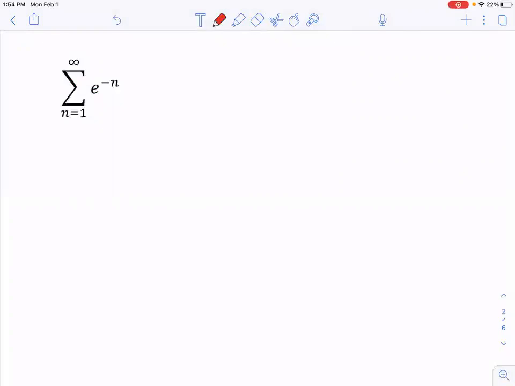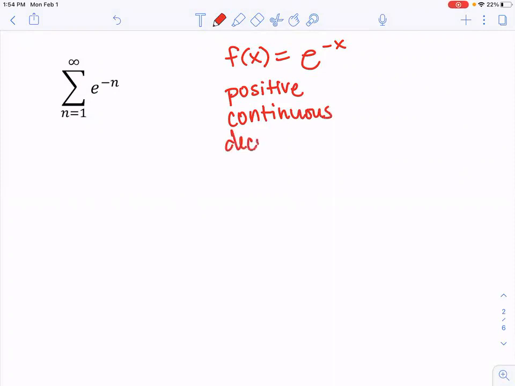If you decide to use the integral test, then you need to first write it as a function of x. You then need to show me that this is positive, continuous, and decreasing.